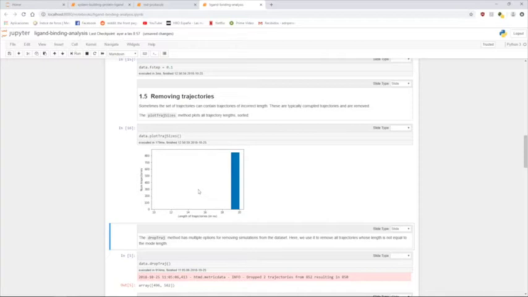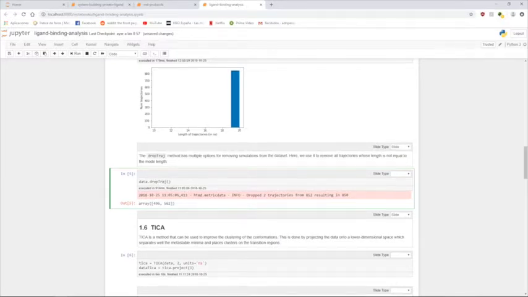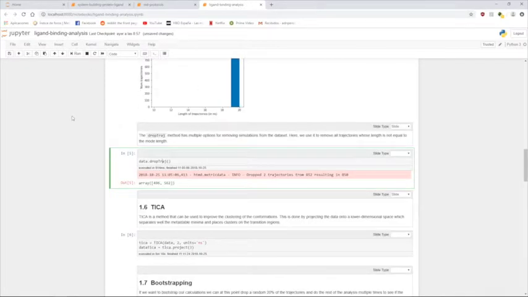Usually we want to take those out in case they corrupt our information and our Markov state model. We can use this function here to automatically drop trajectories that are not as long as the other ones.